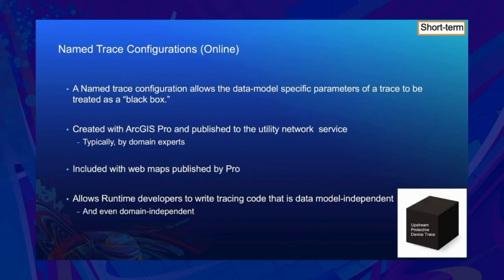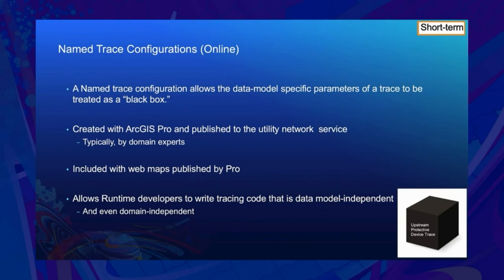So the other thing we're working on in the short term is a thing called a named trace configuration. Now, this will start off working online. And what it is, a named trace configuration basically allows the data model specific parameters of a trace to be kind of treated as a black box. How it works is you create named trace configurations in ArcGIS Pro, typically a domain expert, somebody who understands the intricacies of the data model and understands where all the network attributes are and all that.